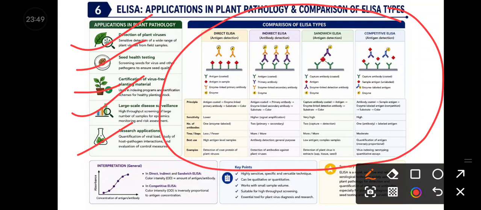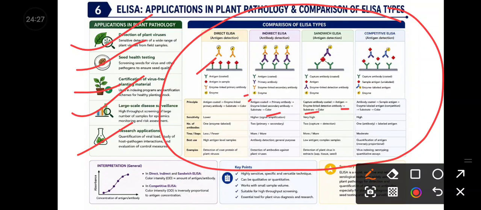Let's recall all this. In direct ELISA, the antigen is directly coated, then the enzyme-linked primary antibody is given, then substrate, then color development. In indirect ELISA, first the antigen is coated, then the primary antibody is given, then the secondary antibody, which is enzyme linked, is added, then substrate is added, then color is developed. In sandwich ELISA, the antigen is sandwiched between the primary and secondary antibody, then substrate is added and color is developed.